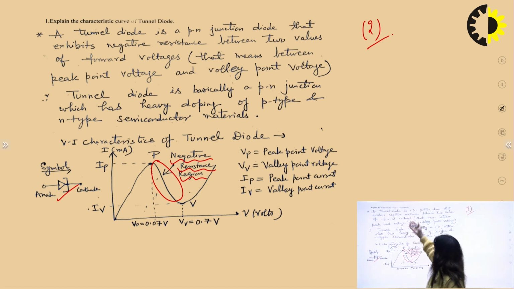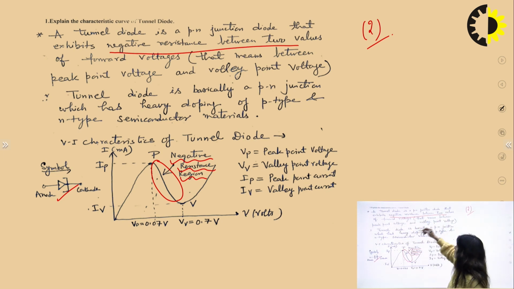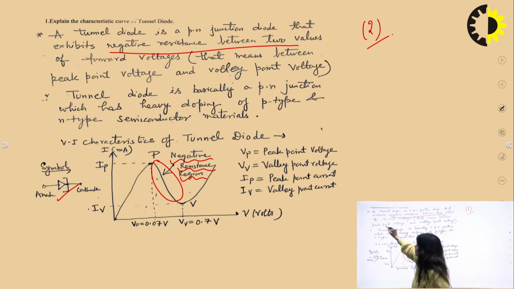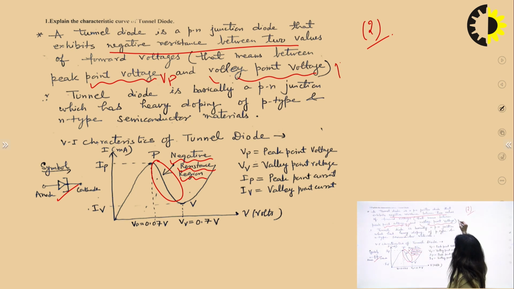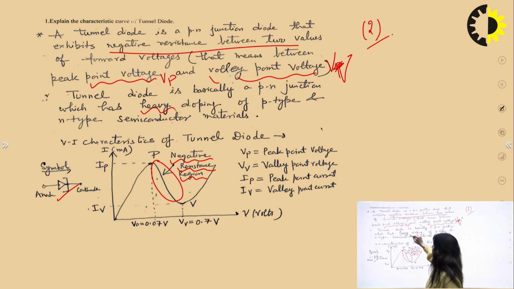So the tunnel diode is a PN junction diode that exhibits a negative resistance region, which I have already shown, between two values of forward voltage, that means between peak point voltage VP and valley voltage VV, right? Tunnel diode is basically a PN junction diode which has heavy doping.